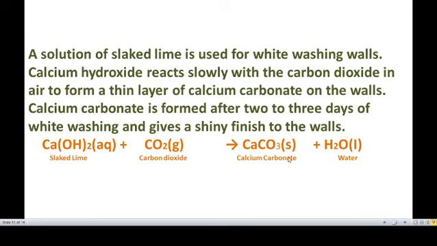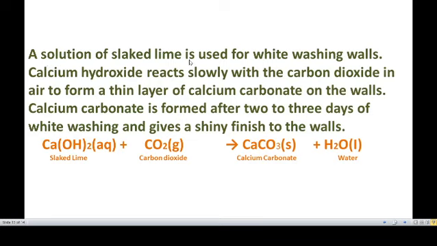The formation of calcium carbonate is the reason for the shiny finish, the white color appearing on the wall. Calcium carbonate is formed after two to three days of whitewashing. This is an important give-reason question.